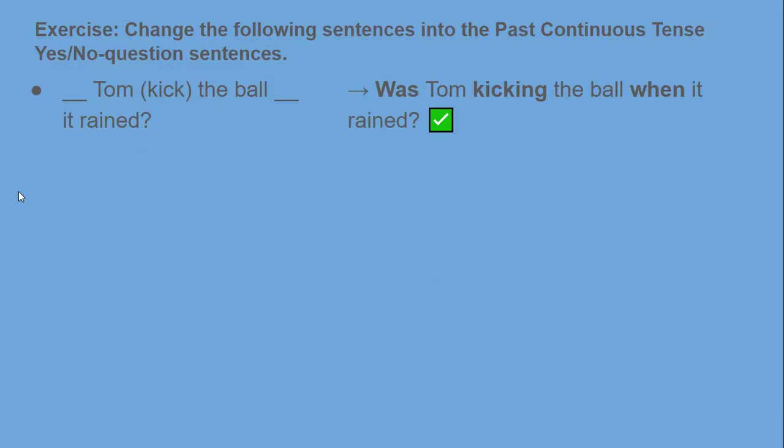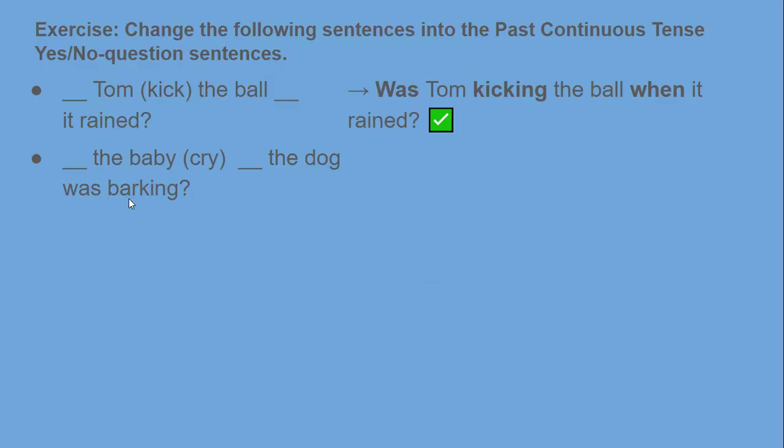Okay, next up. Gap, the baby crying. Gap, the dog was barking. Okay, so you have the subject here, which is the baby, and the baby can be a he or a she, and therefore it means we have to use the past verb to be was, and then our verb needs to end with an ing to indicate that the sentence is continuous.